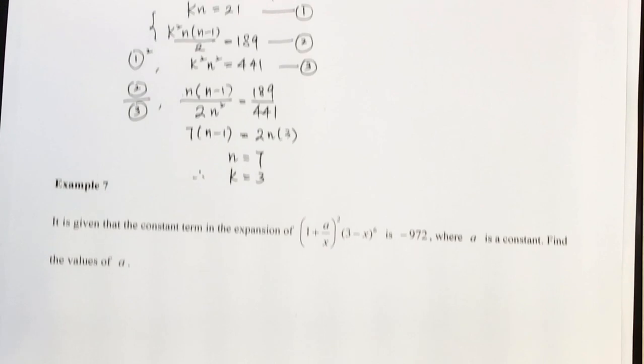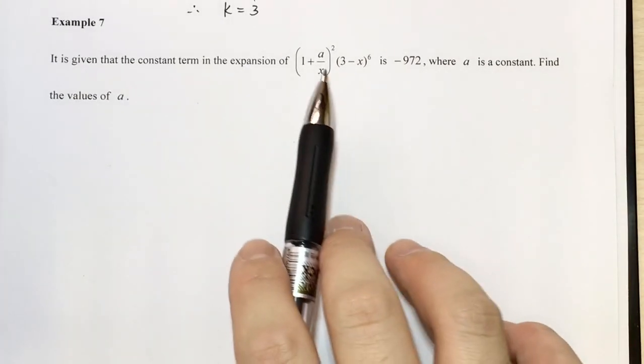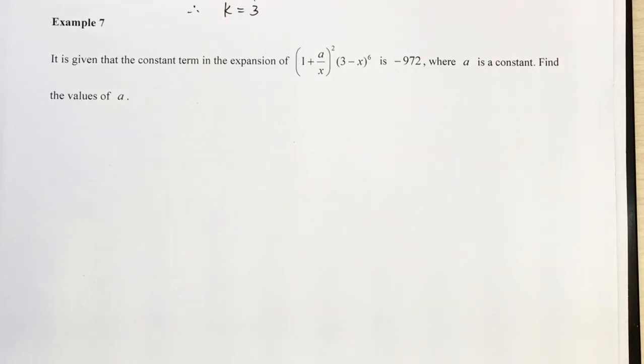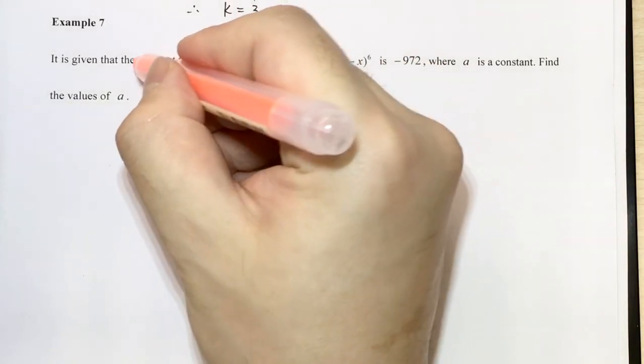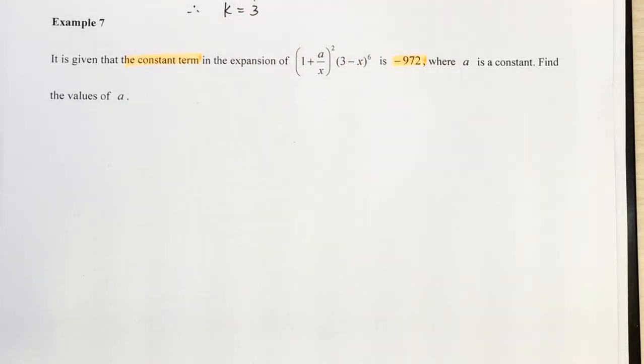And next, let's look at the second example here. Sometimes you are expanding two brackets in order to complete the whole expansion. And let's look at this question. The constant term here is negative 972. That means we just need to focus on the constant term.